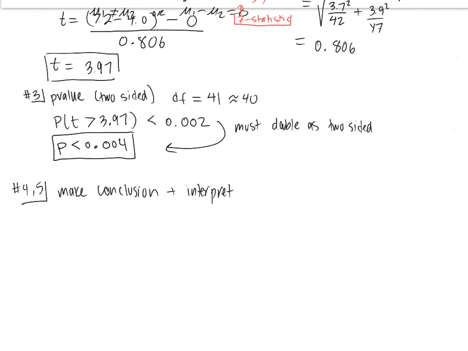Okay, with the conclusion, do you reject H naught or fail to reject H naught? Reject H naught. Did it say what significance? Specify the value. Let's use alpha equals 0.05. That's the sort of standard. Okay, reject H naught and you accept HA. So what does that mean in this context?